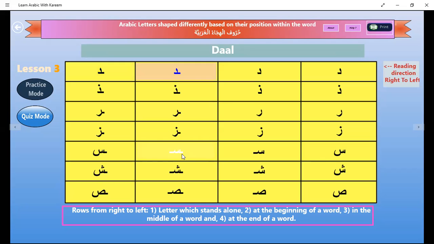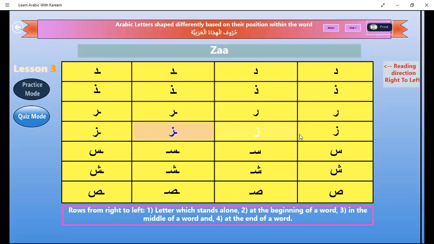Look at this on my screen here. Something is joining from the back and also joining itself to something in front. But look at Dal, Zal, Ra, and Zain, which is Za. They don't allow anything in front. They only pair with something coming from behind. It's not just that.